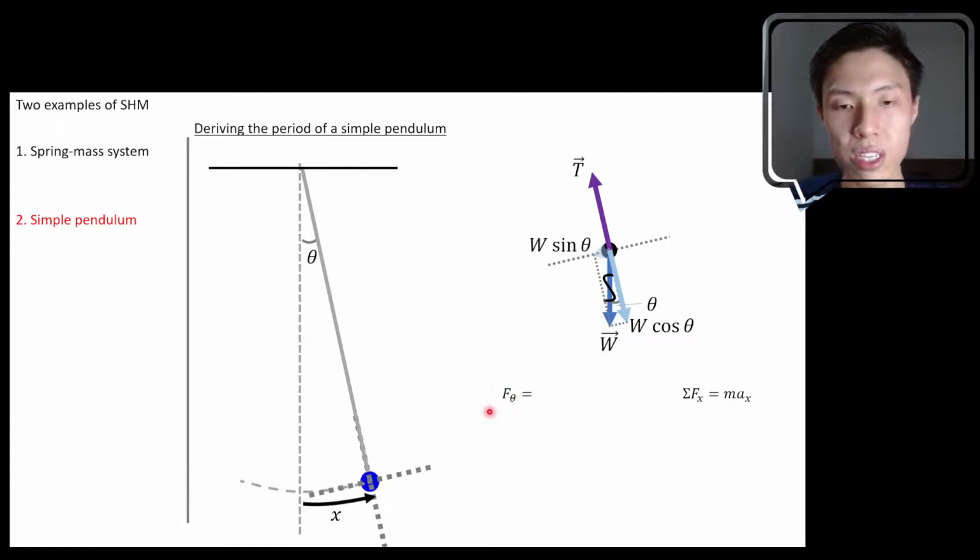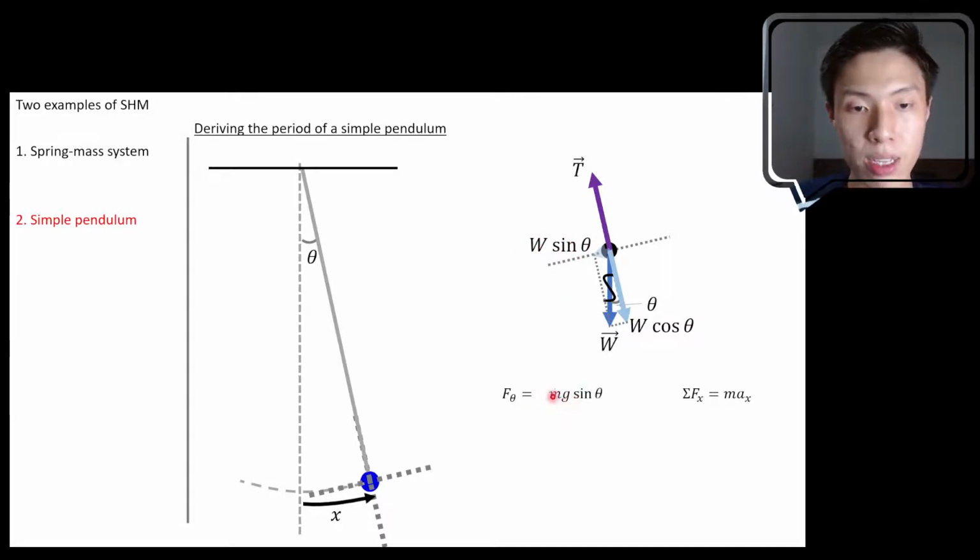For the simple pendulum case, as theta changes along the oscillation, your force will change. Therefore, we put it as F subscript theta. So we know this is just weight sine theta. Weight is just m times g. Therefore, we know that the magnitude is mg sine theta.